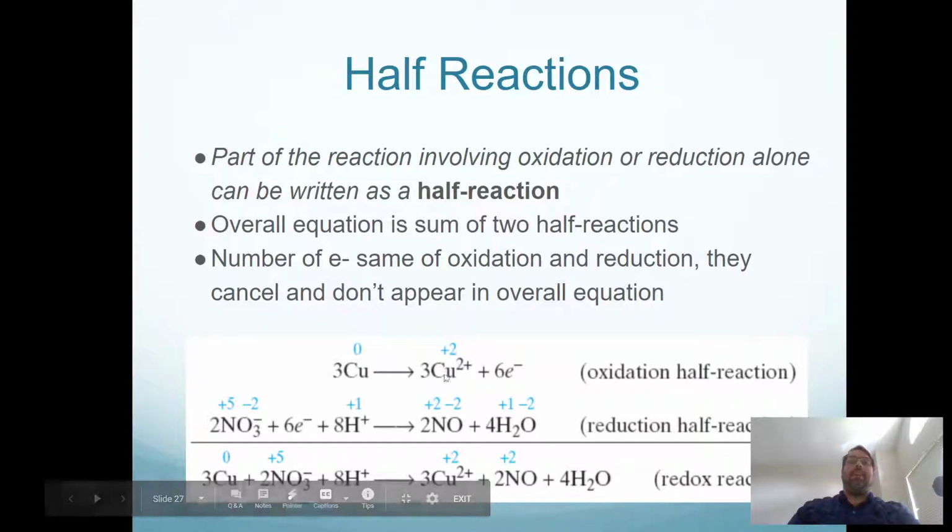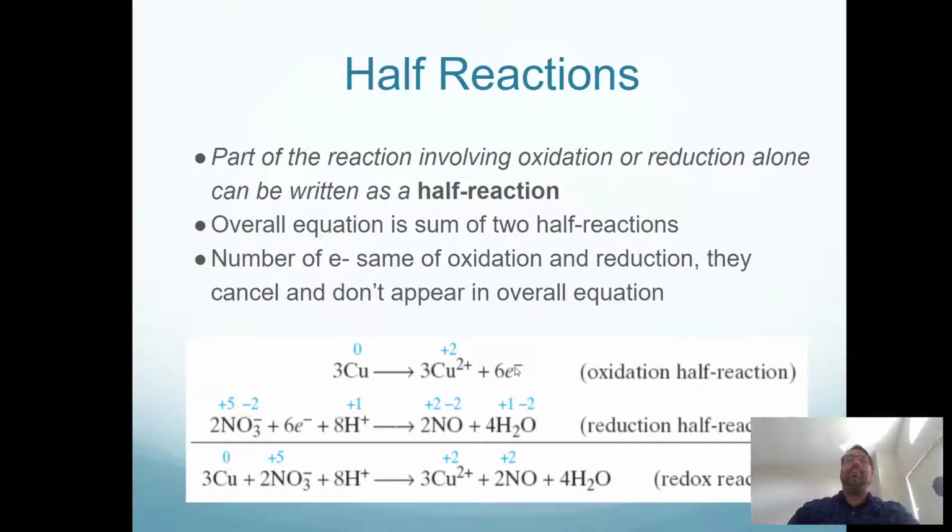This one here is being oxidized. And then we end up putting our two reactions together. What you'll notice, though, is that since we have 6 electrons here on the left and 6 on the right, those will end up getting canceled out. And this is kind of like a full filled out version of the kind of reactions that we're expected to be working with throughout this unit.